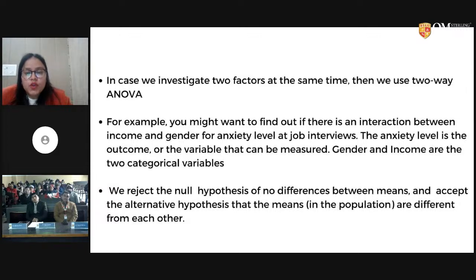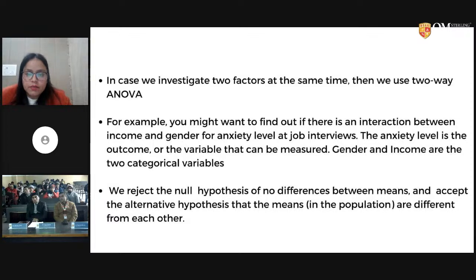Now we have two categories, that is income and gender, and the dependent variable is anxiety level at job interviews. Okay. Then in this particular question, your outcome variable or your dependent variable is anxiety level, and the other variables are gender and income, and both these variables are categorical in nature.